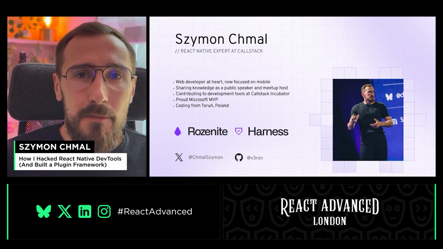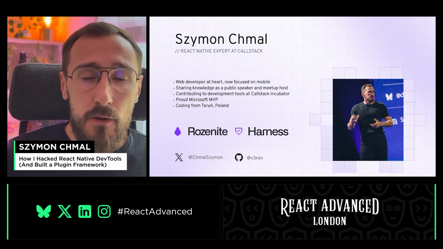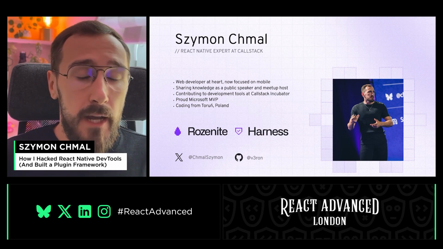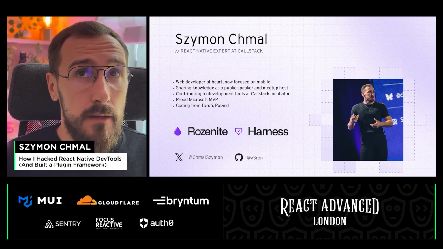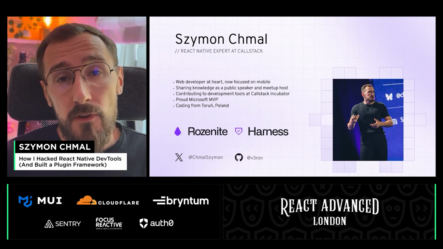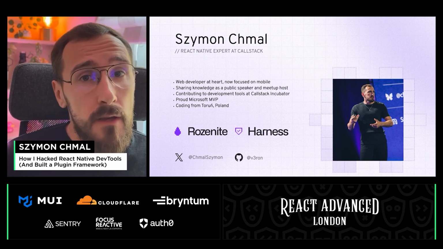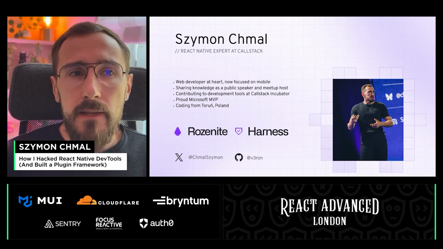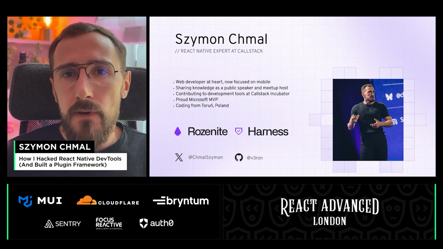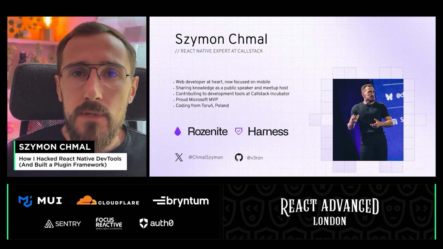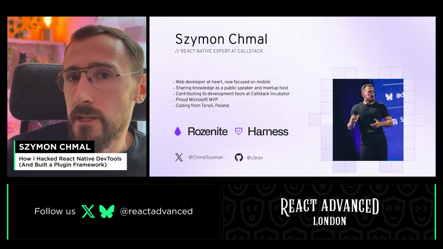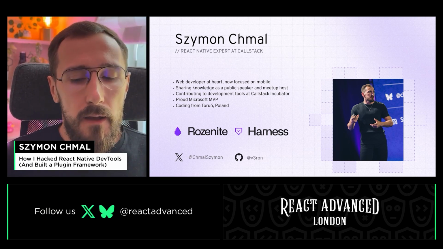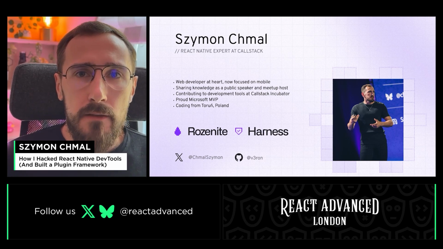My name is Szymon Chmal, and I'm a React Native expert at Callstack. I'm a web developer by heart, but recently I switched to be focused more on cross-platform development, on mobile development with React Native. I love sharing knowledge via conferences, meetups, or just writing articles, for example. I'm contributing to developer tooling at Callstack Incubator.